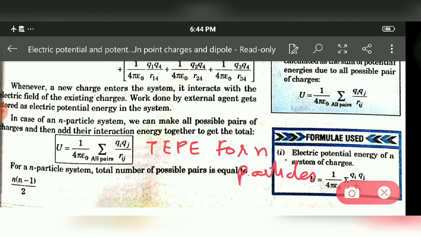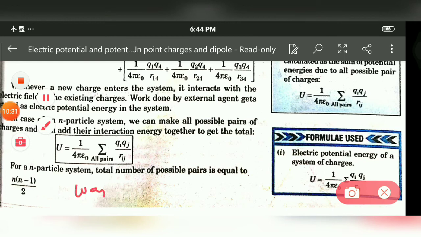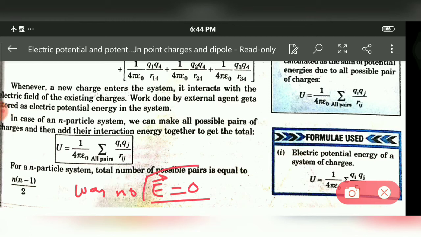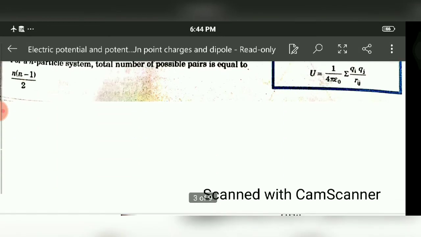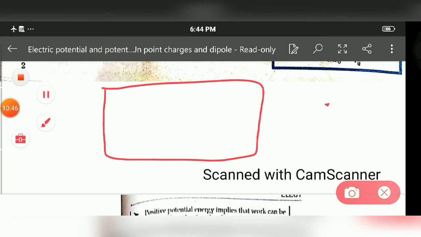Now there is a condition. These were all the cases when there was no external field, when the external field was 0. Now suppose we have a vicinity, suppose this is a space and we have to bring a charge q1 from infinity to this space, but this space has some field, say E1, and this space is offering a potential V1.